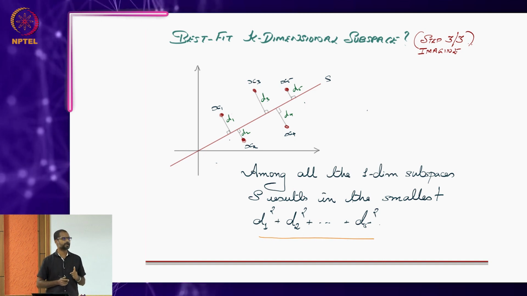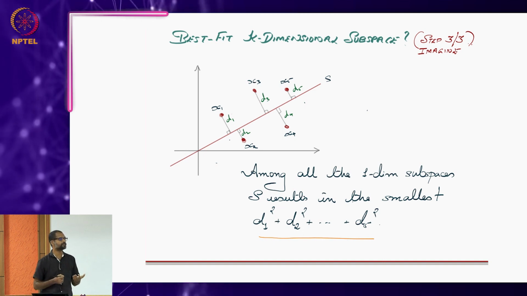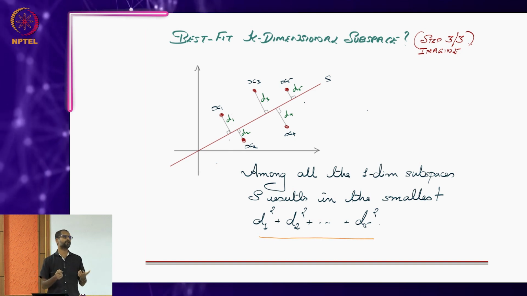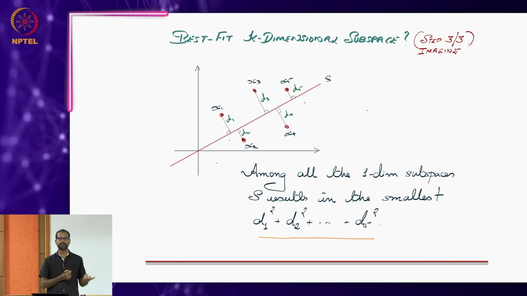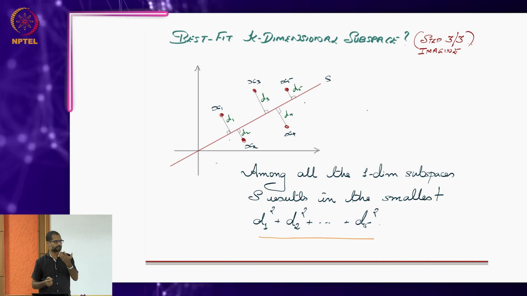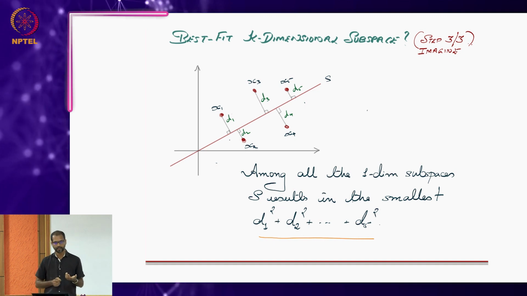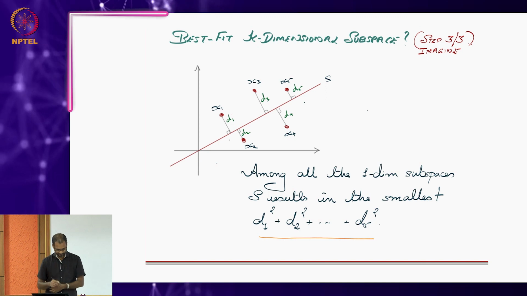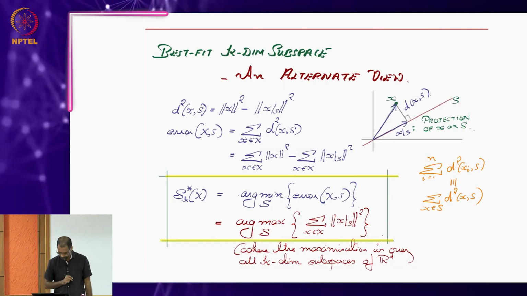So you can think about this as something which minimizes the error or something which maximizes the faithfulness of the representation. These are equivalent views. Minimizing the error in this approximation is equivalent to maximizing the faithfulness of this representation.